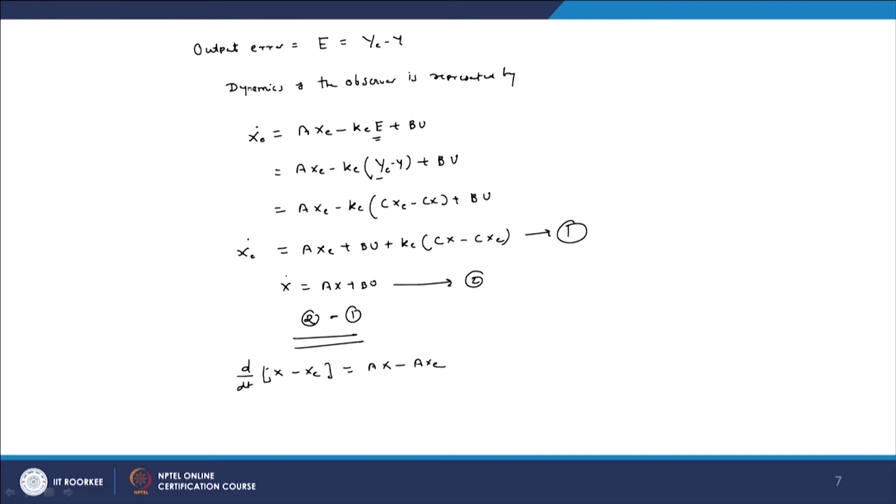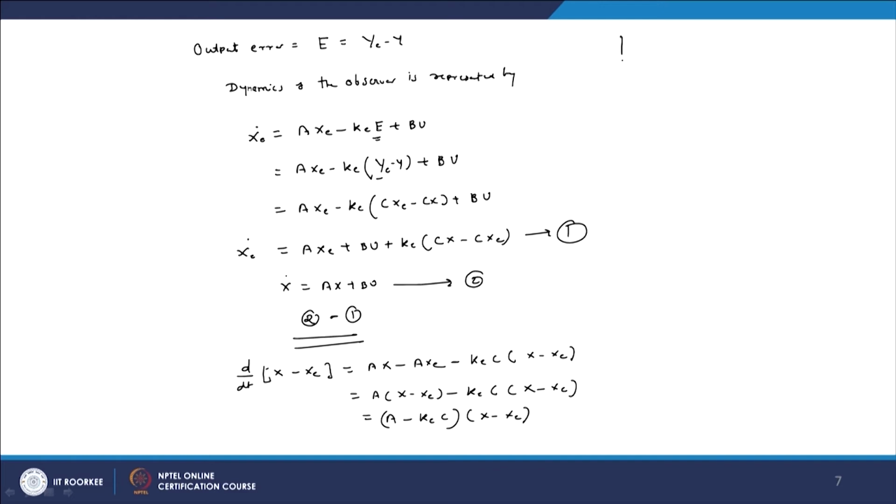Now here B u will cancel, and here we will get minus K into C into x minus xc. That means A into x minus xc minus K into C into x minus xc, so A minus K C into x minus xc.